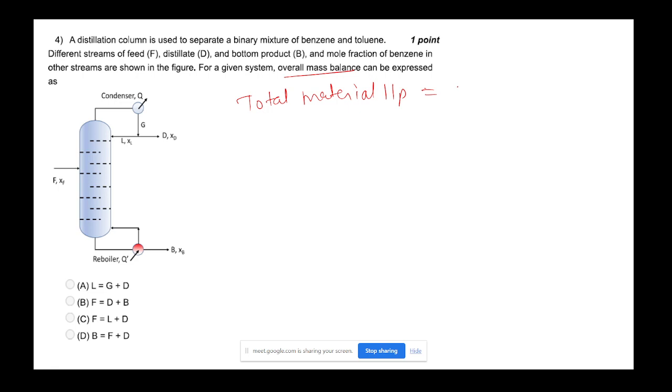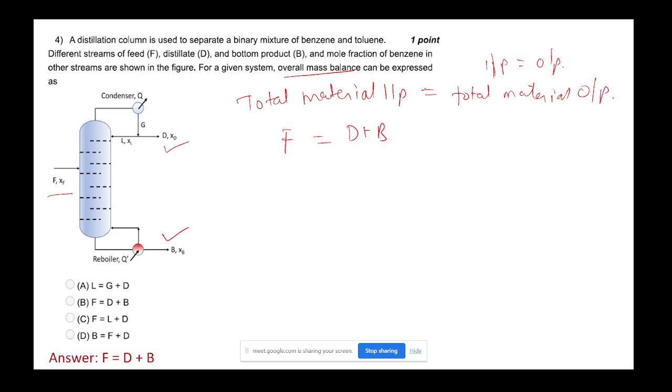Since distillation is a continuous process, accumulation will be 0. At steady state, input equals output. Total material input should equal total material at output. The total material input is represented as F. So F equals what is coming out, D and B, D plus B. So the correct option here is F equals D plus B, B option.